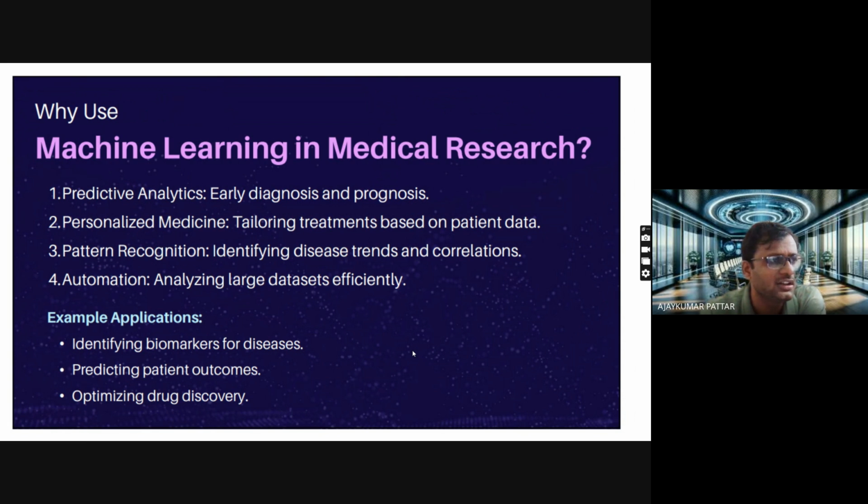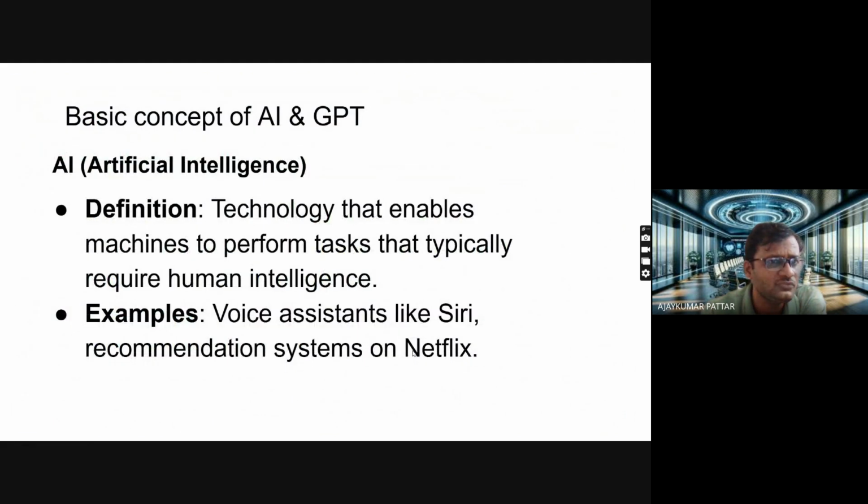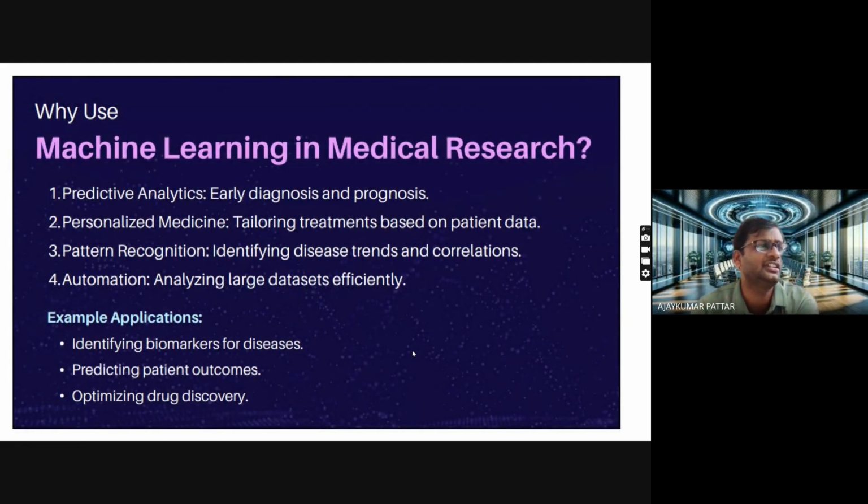So we can use machine learning and artificial intelligence in these fields. This is all about machine learning, how machines are built to perform tasks. That is the brief background.